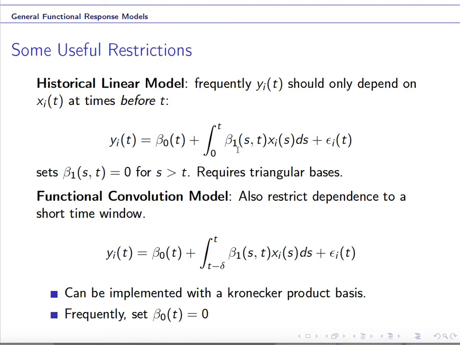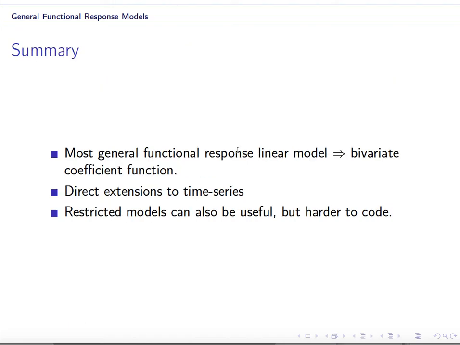So these are the two restricted functional linear models. Here is a summary of what we learned. When we learned these functional linear models, we need to estimate these bivariate coefficient functions, so the computation and the formulas are more complicated.